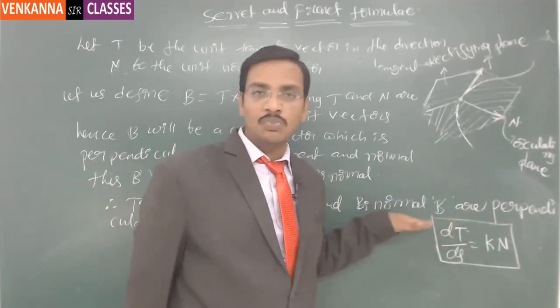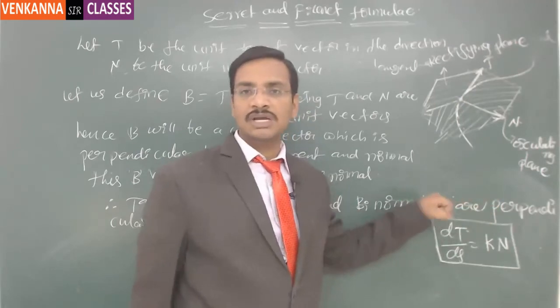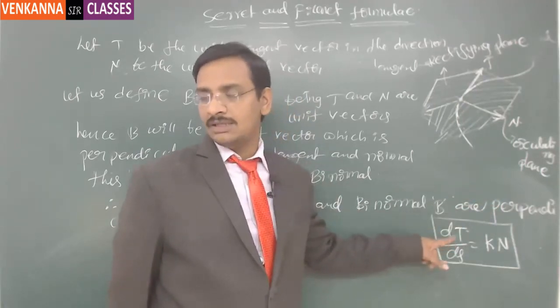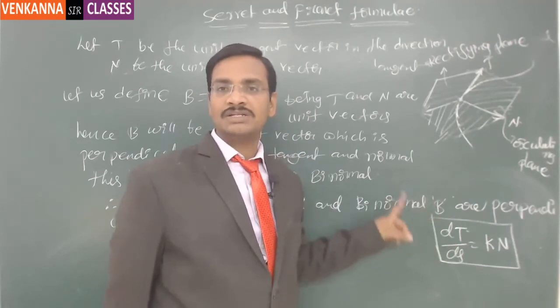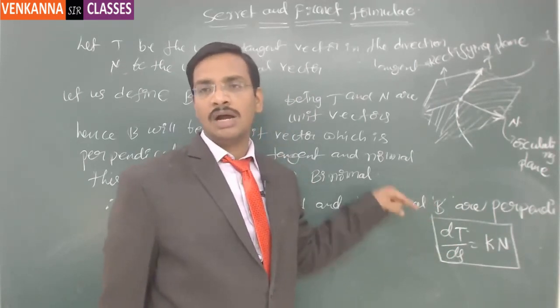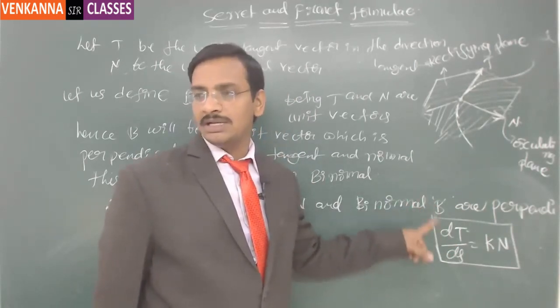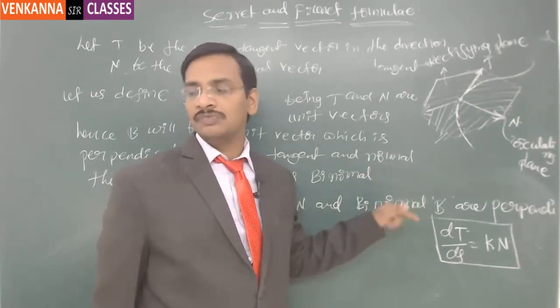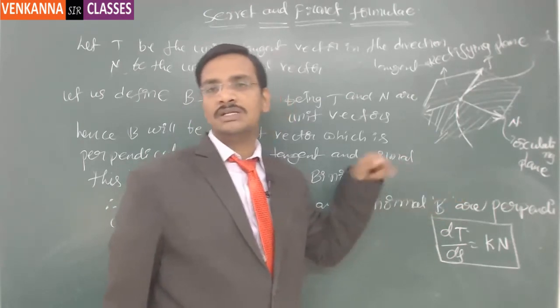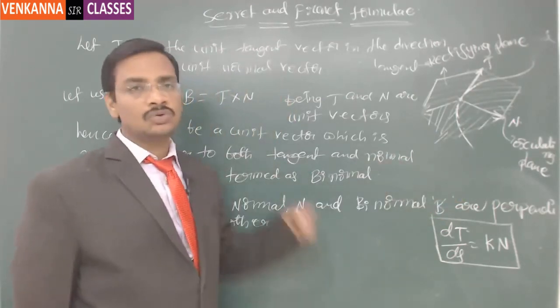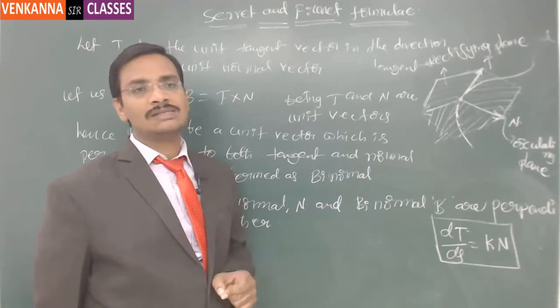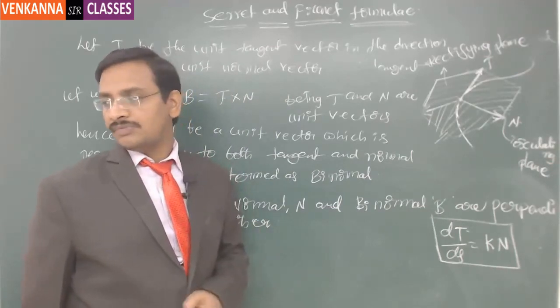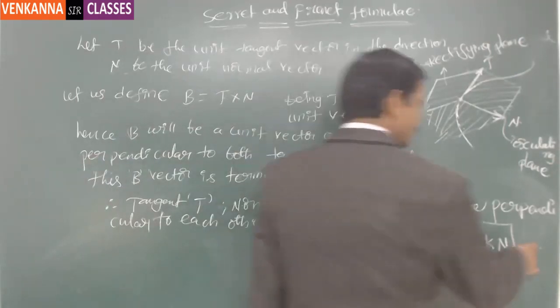If there is a change in the value of the arc length S, you get a variation in the tangent, normal and binormal. So these show how the curve is moving when there is a change in S. Got it? One of the formulae is this one.